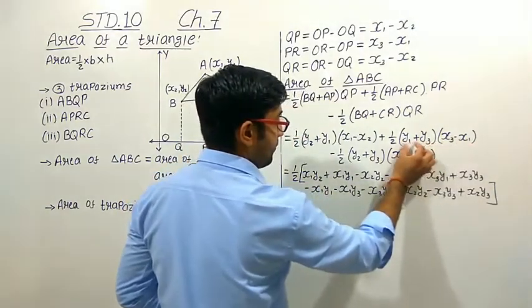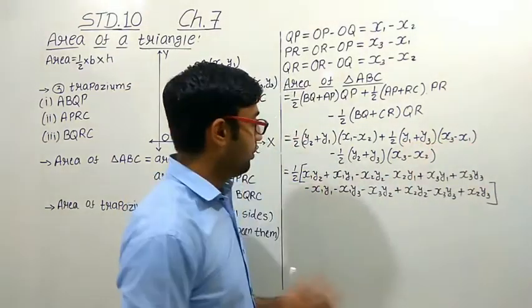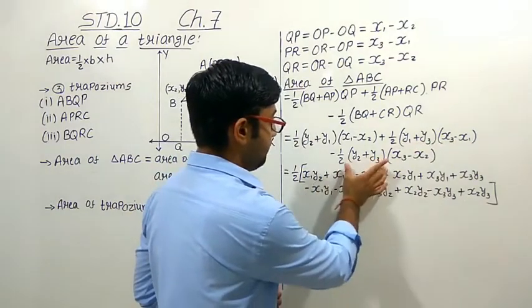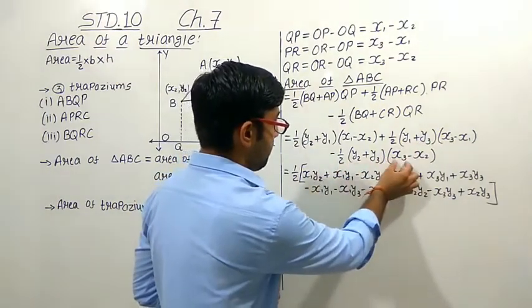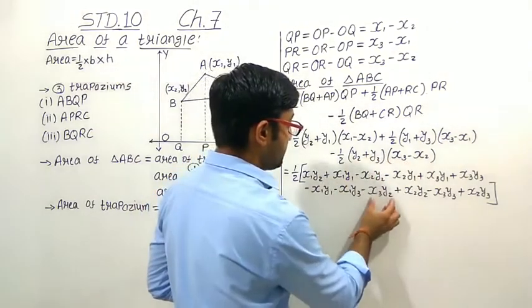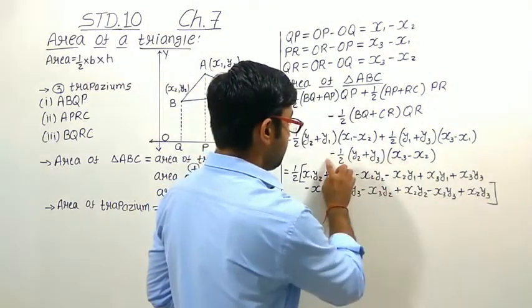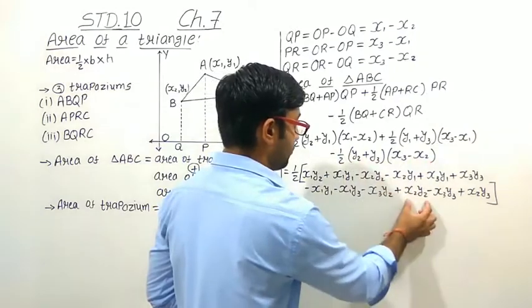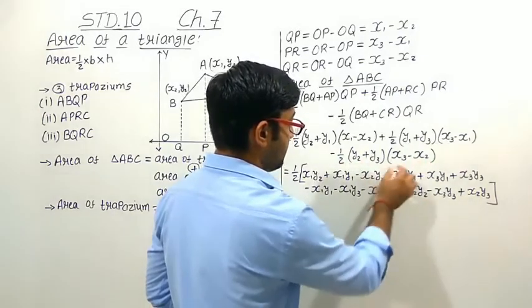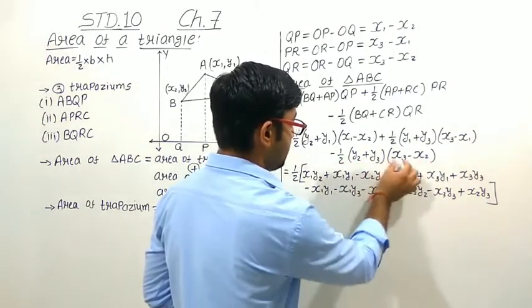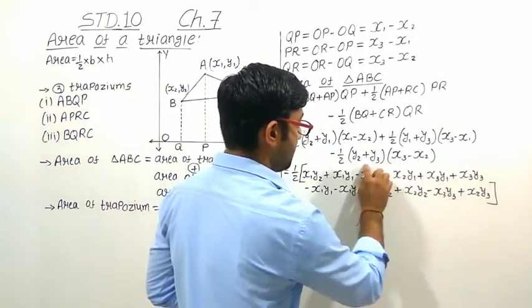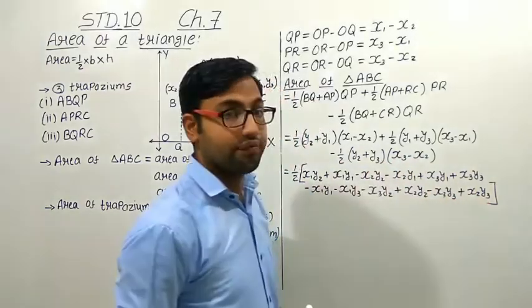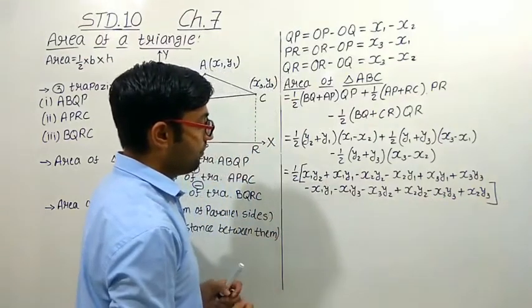Now multiply this term; here the minus is already there. So the first term we get is minus x3 y2, and minus minus plus x2 y2. Now multiply this with y3. So minus x3 y3 and minus minus plus x2 y3. This is how we multiply all the terms.